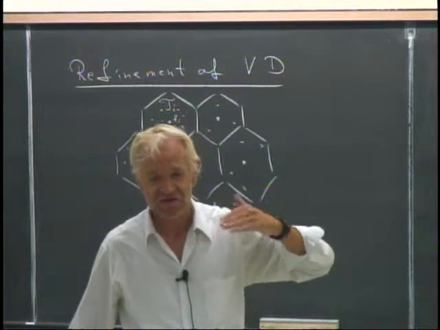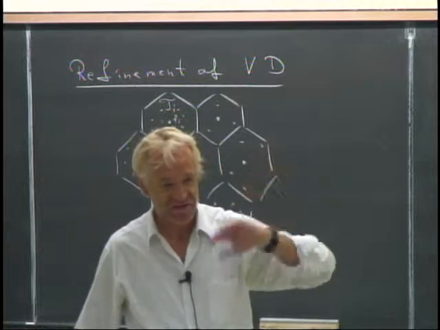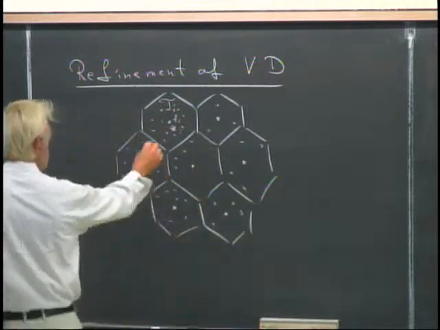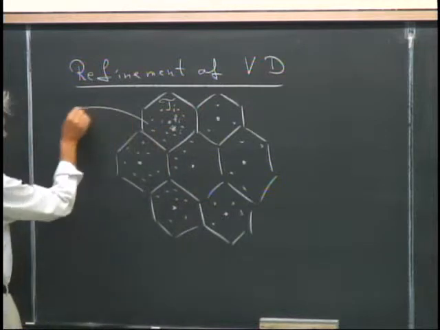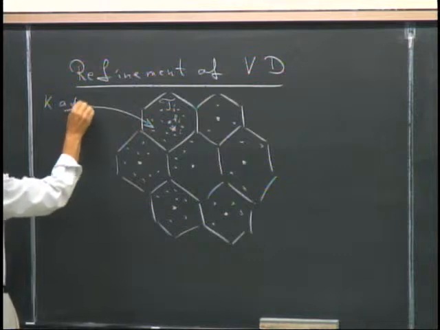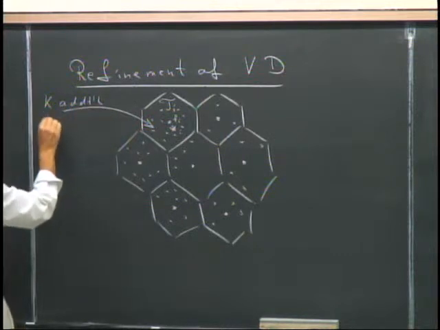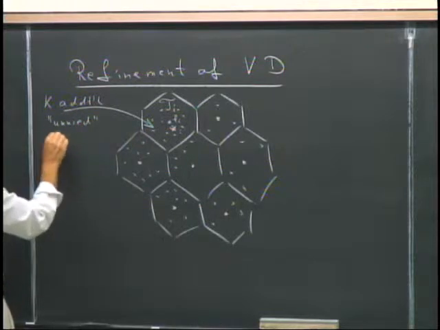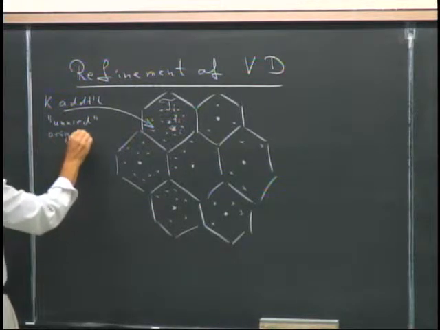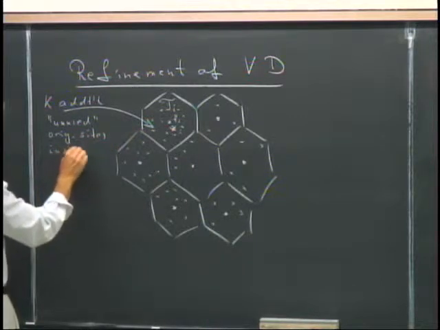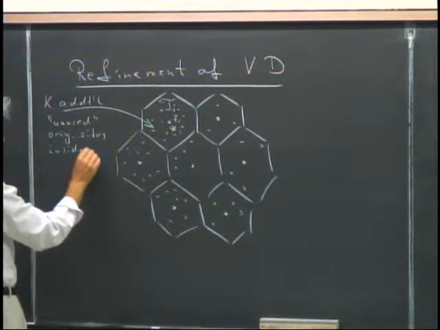The construction makes sure that the Simpson interpolant goes through the function values at the sites, but not through the ones here. So there are k additional unused original sites inside or on an edge inside tile I.